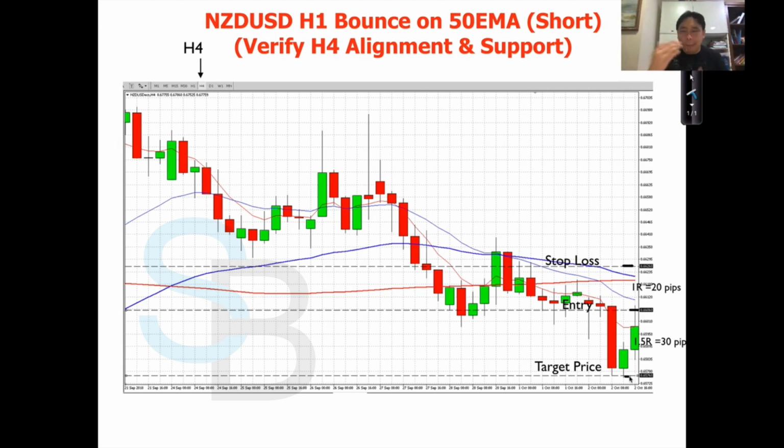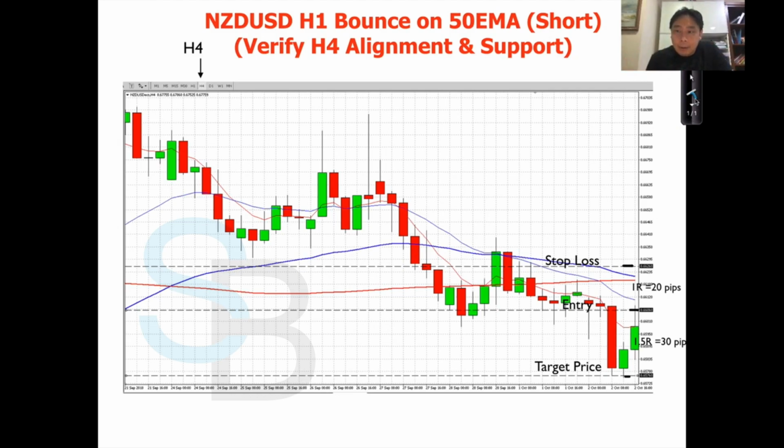Some of you may say it's not perfectly aligned because the 6 is below the 18, but the 50 is not below the 200. For H1 bounce, I'm a bit less strict, like what I said. As long as it's more or less a downtrending pattern, as long as the price is below all the moving averages, I'm okay. I'll take it. So I took that one.